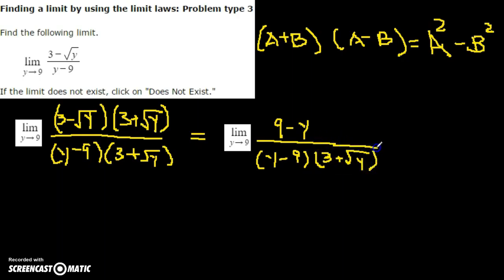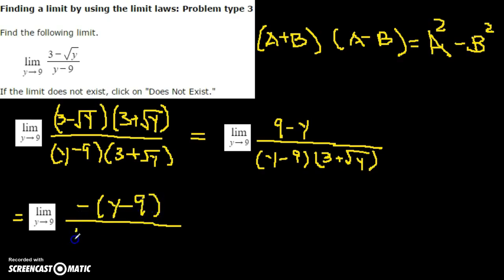At this point, did you guys see that I have something that's very similar? 9 minus y, y minus 9. They're very similar, right? So all I have to do now is just change one of their signs. So let's flip the top. I'll take the negative out. I'll have y minus 9. And the bottom, I will have y minus 9, which we can cut, and 3 plus square root y.